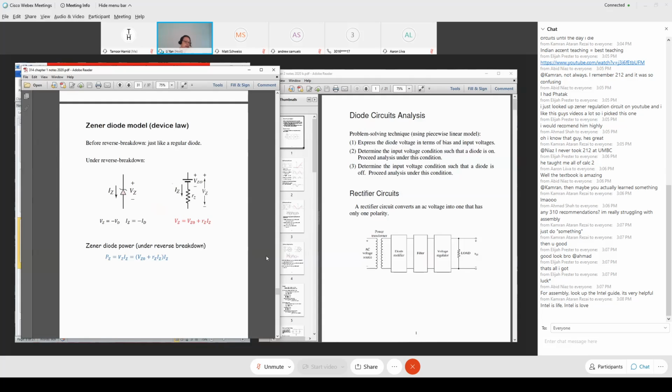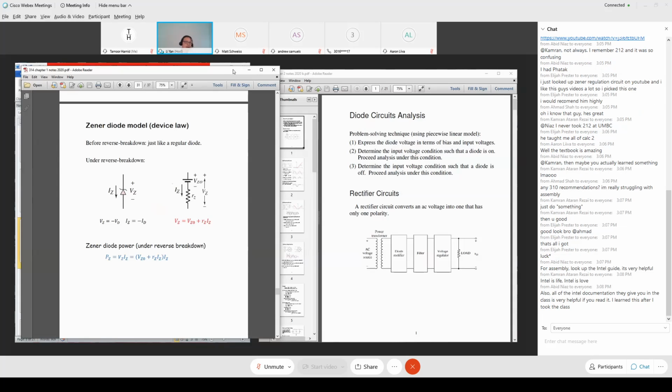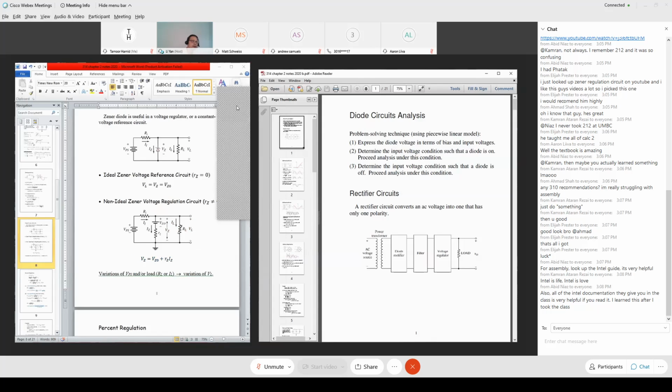That's non-ideal, only in that concept. Any question? You don't want to confuse this with the regular diode under forward bias in that sense. For that, then you mix two operation regimes. Any question? No question? Let's go further.